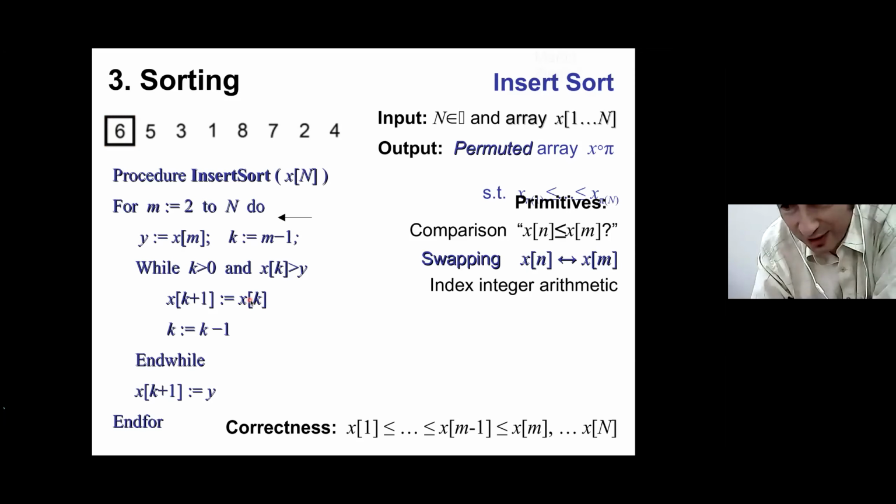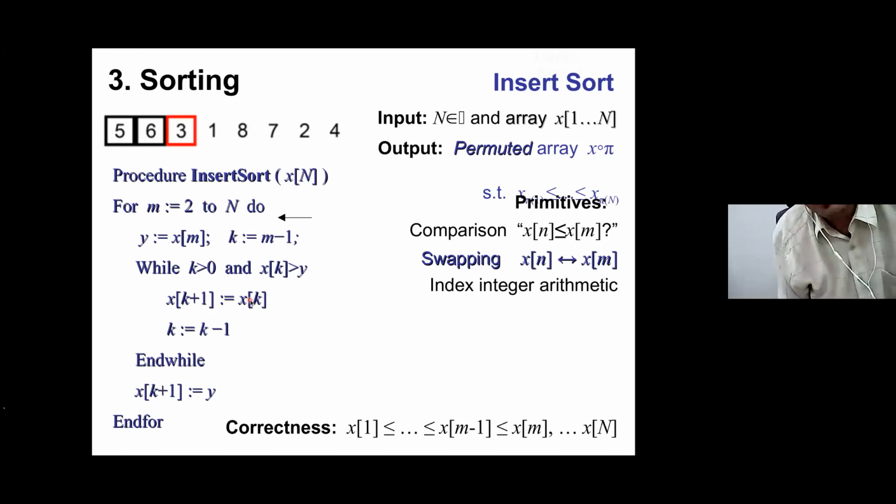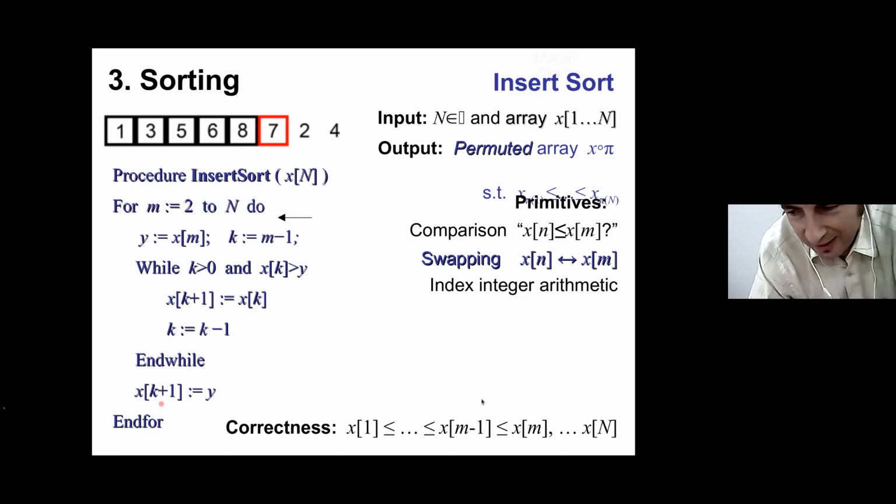So this is what the insert sort does. And again, why is this correct? Again, it is like for the previous two. So in this place here, before you start the iteration for m, the first m minus one elements are sorted. And again, at the end of this iteration for m, the first m elements are sorted.